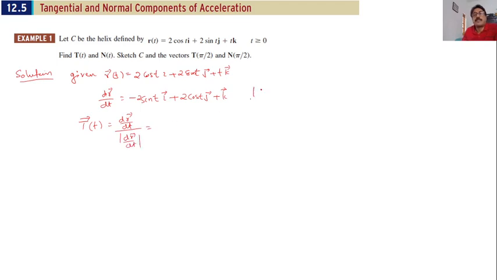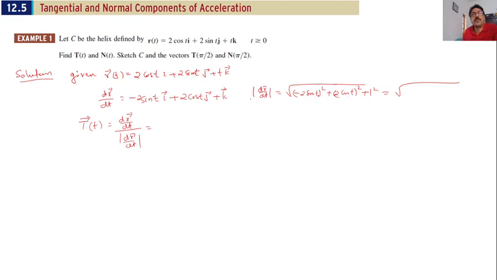Now what is modulus of dr by dt? Modulus of dr by dt is square root of (minus 2 sin t) square plus (2 cos t) square plus, here it is 1, so 1 square, which is equal to square root of 4 sin square t plus 4 cos square t plus 1.